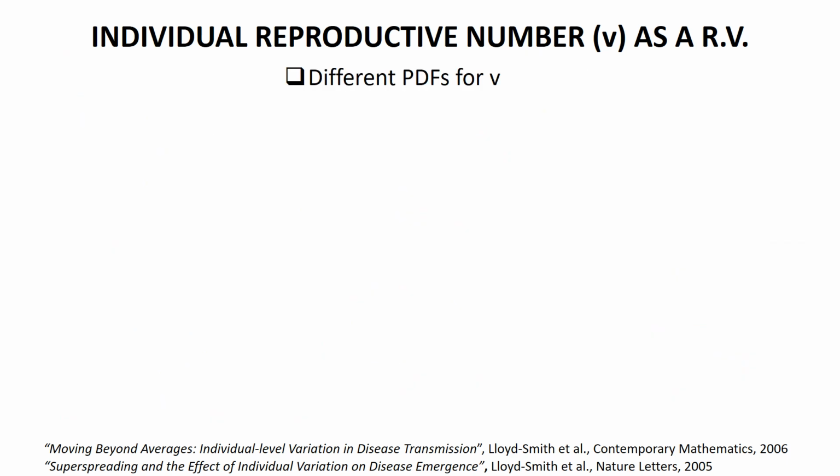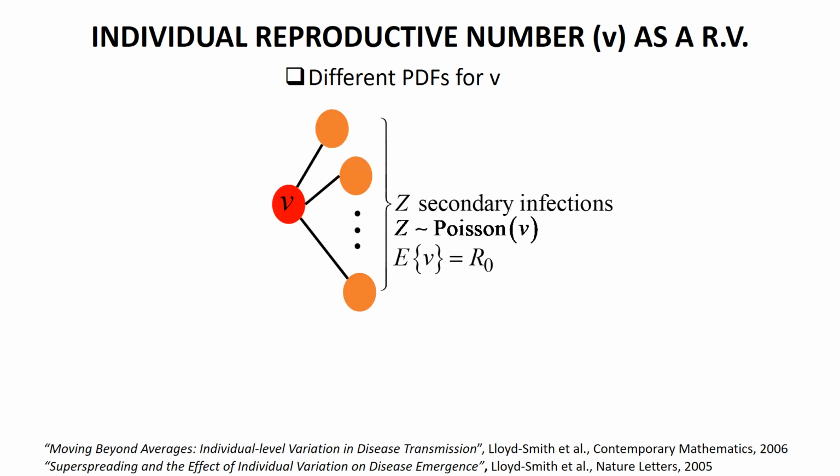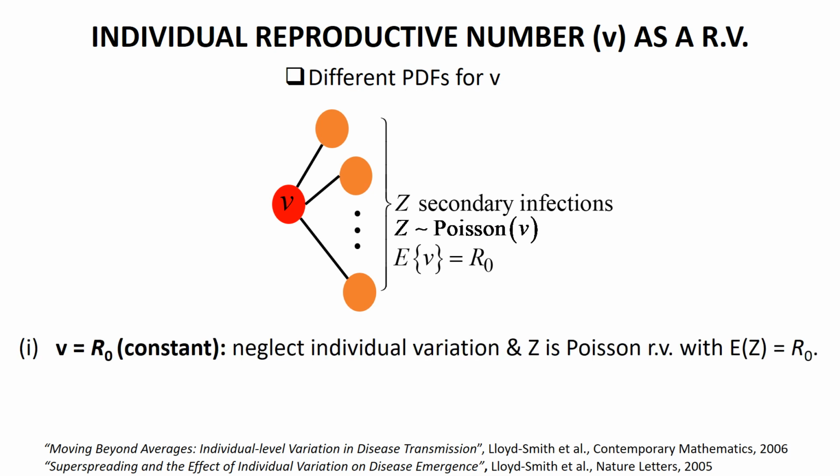So now, what are the different PDFs for V? And again, refer to the references down below. So Z secondary infections, and we're saying that Z is a Poisson distributed random variable based on V, which itself is a random variable, and the expected value of V is R0. That's important. So we say the expected value of V is equal to some value which we're going to call R0.